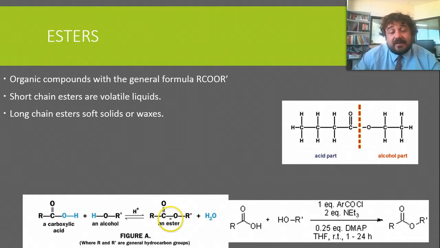It gives you an ester plus water. The other way to draw it: here's your R group, which makes this a carboxylic acid, then we've got this, which makes this an alcohol. When we draw the chain, you have an acid part and an alcohol part. So the carboxylic acid plus the alkanol gives you an ester plus water.